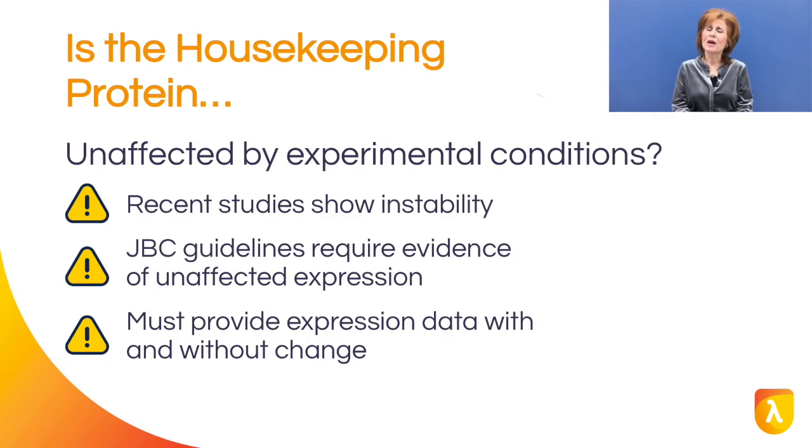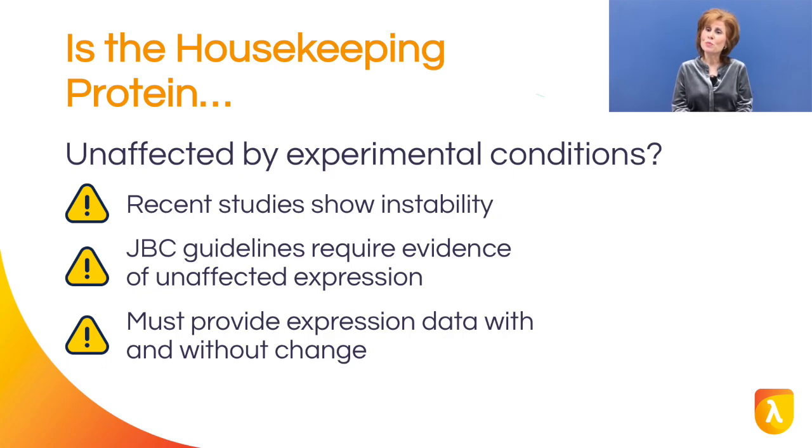Although expression of housekeeping proteins can be stable, recent studies have shown that experimental conditions can alter their expression. The Journal of Biological Chemistry's submission guidelines state, "Housekeeping proteins should not be used for normalization without evidence that experimental manipulations do not affect their expression."